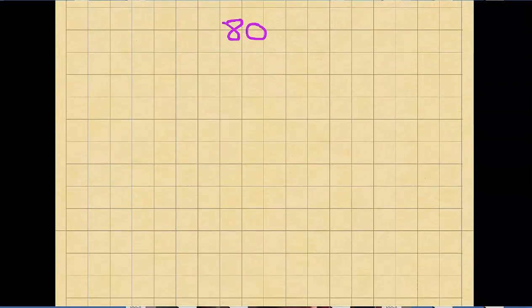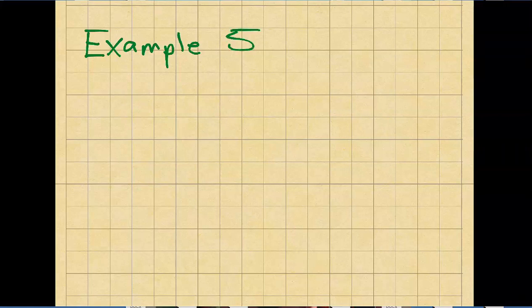So this is the last example, then you'll get to go to Delta Math and do some work. This is example 5.